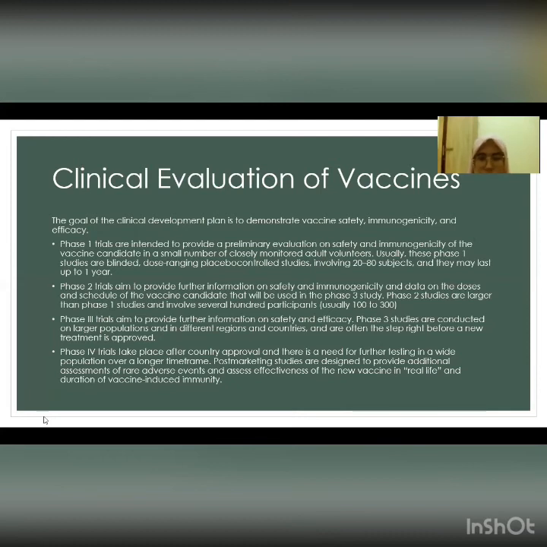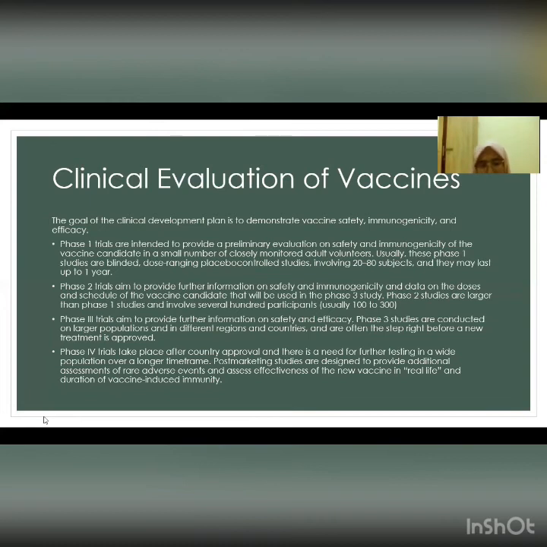And during the Phase 1 study, various compositions or formulations of the vaccine candidate may be tested. And for Phase 2 trials, the purpose is to provide further information on safety and immunogenicity and data on doses and schedule of the vaccine candidate that will be used in the Phase 3 study. Phase 2 studies are larger than Phase 1 studies and involve several hundred participants, usually 100 to 300.